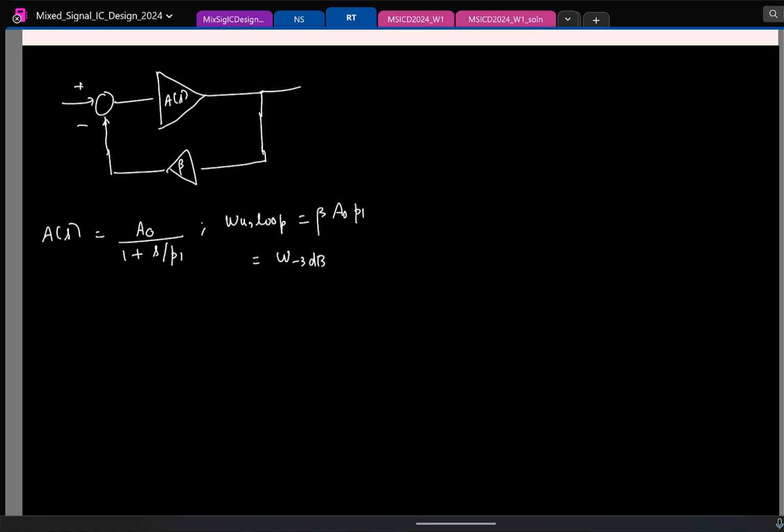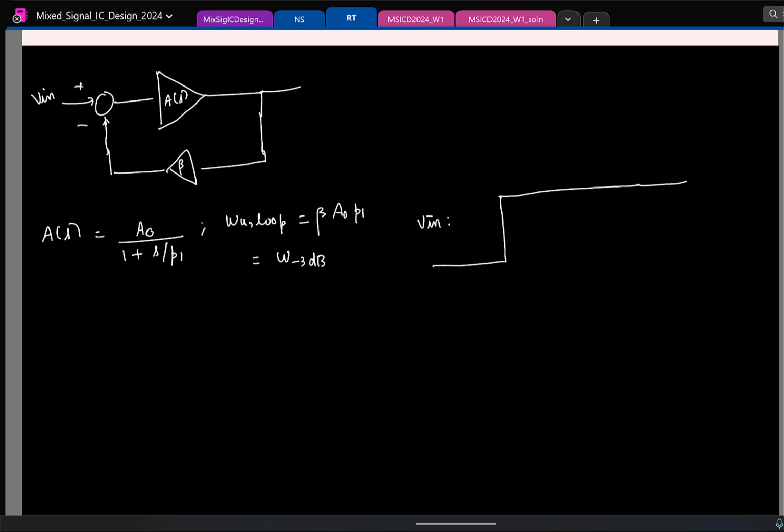So now let us say at the input of this closed loop system, V in, I apply a unit step. And let us say the amplifier has no pole.